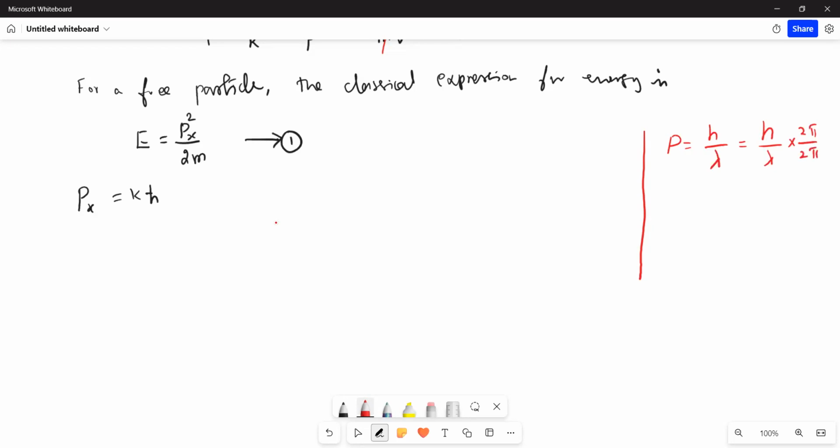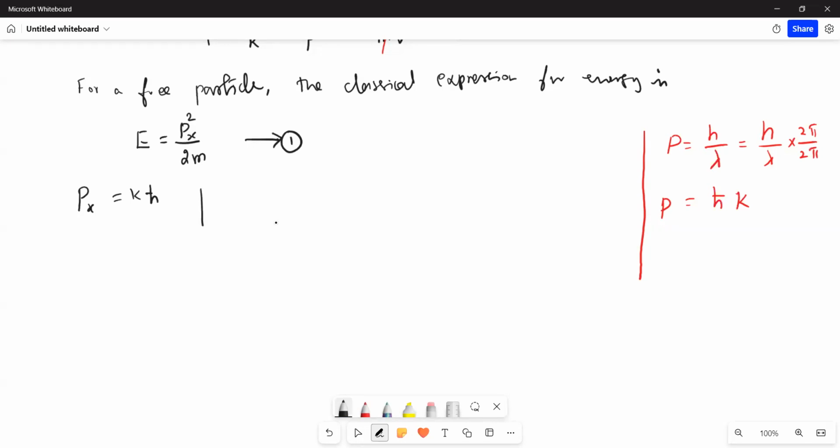Take these two: h by 2 pi and 2 pi by lambda. H by 2 pi is h cross, and 2 pi by lambda is k. So momentum is nothing but h cross k, or k h cross, whatever it is. And then here in the energy, you should replace the momentum with this formula, k h cross.